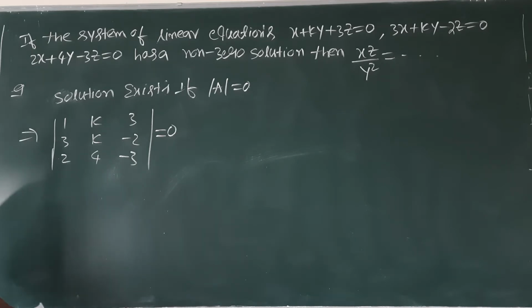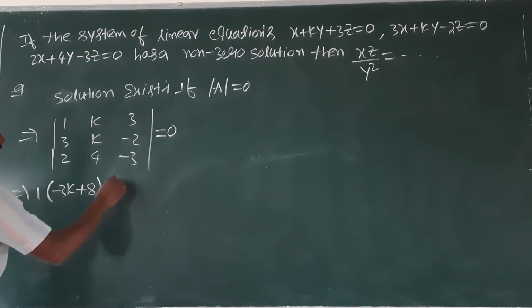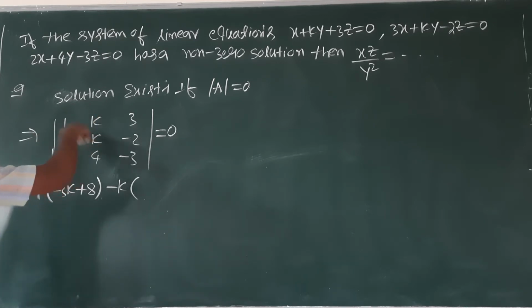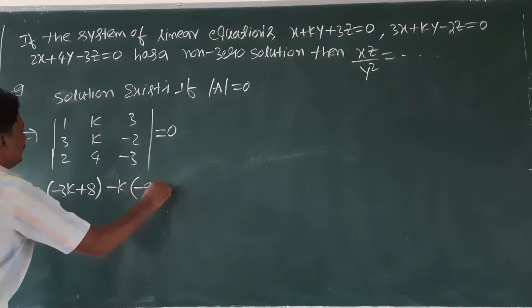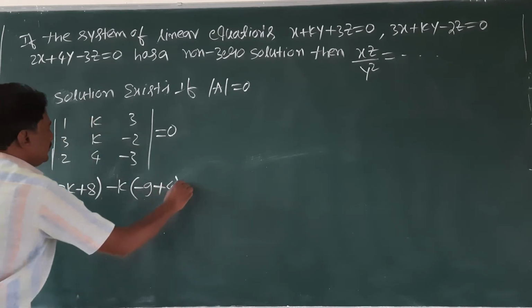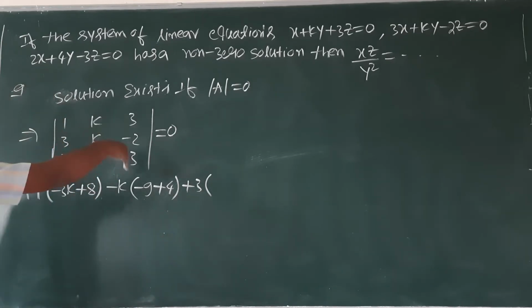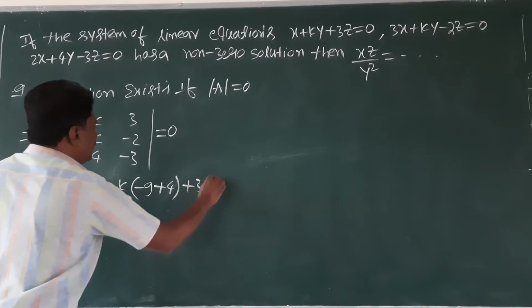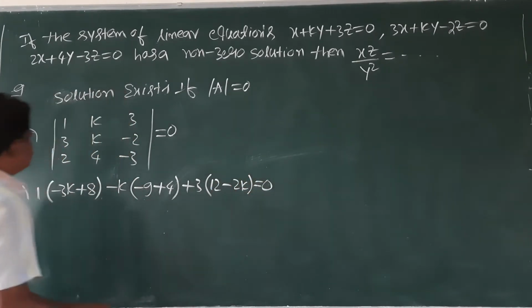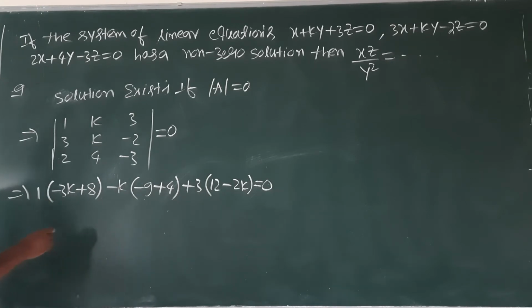Expand it, students. 1 into (−3k + 4 · 2 = 8 − k... ) minus k into (−9 + 2 · 2 = 4) plus 3 into (12 − 2k) equals 0. Simplify this.